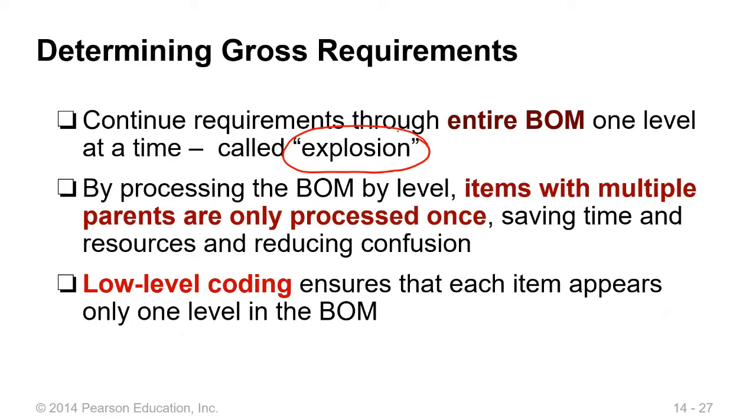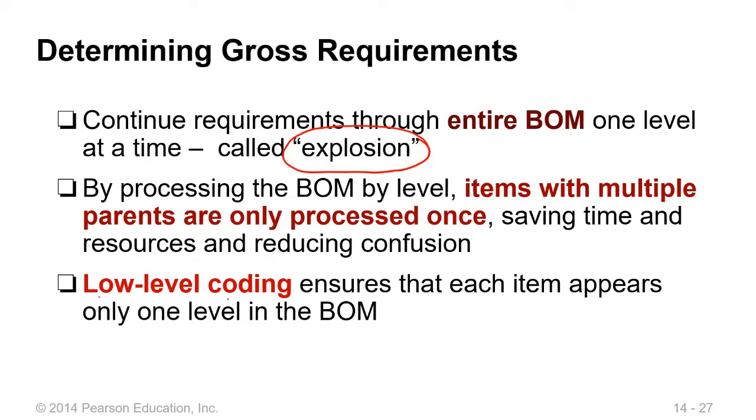Exploding, okay? We are trying to break down into different levels. By processing the bill of material level by level, we are saving time and resources and reducing confusion, so that we know when is required, until we reach the final level.